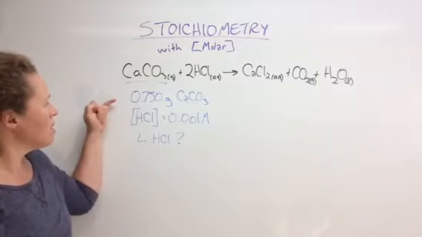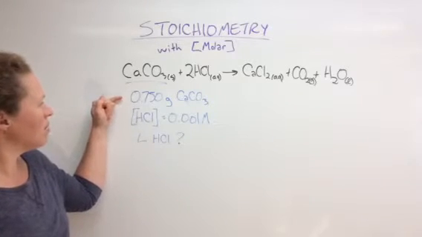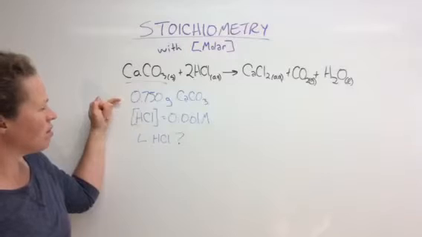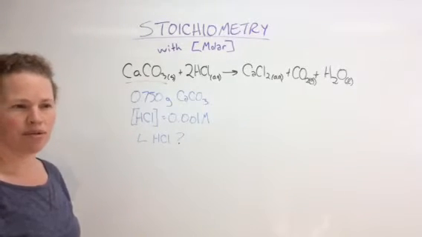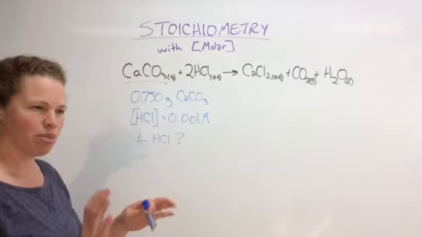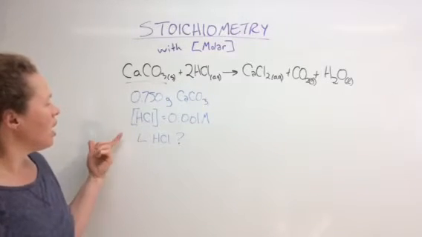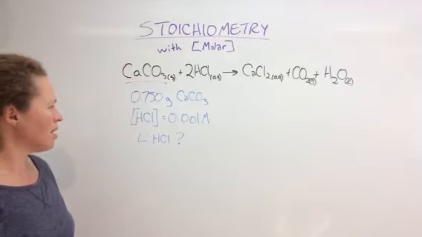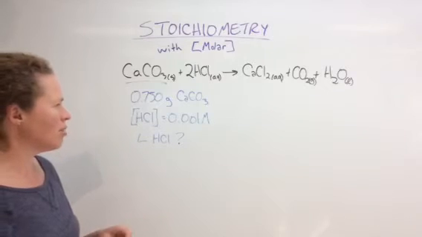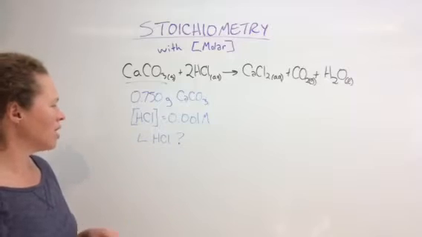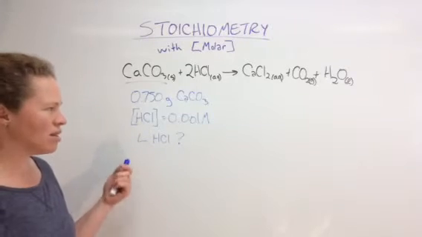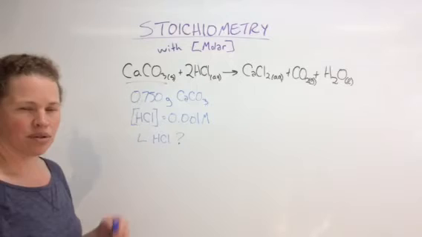They give us 0.750 grams of calcium carbonate, and basically that's a tablet of Tums. Again, extra information no one really cares about, but they're trying to put it in context for you. And then they tell us that your stomach acid has a molarity of approximately 0.001 moles per liter of hydrochloric acid. And how many liters is that it would neutralize?